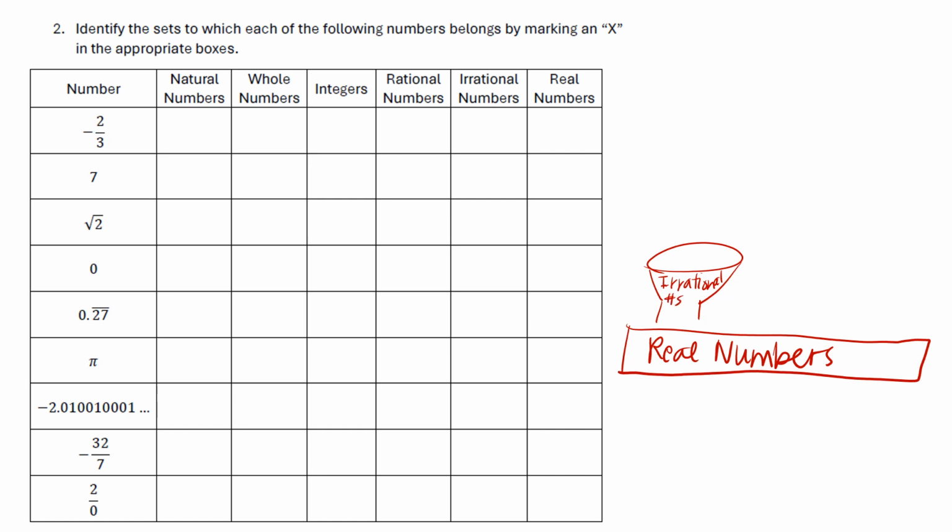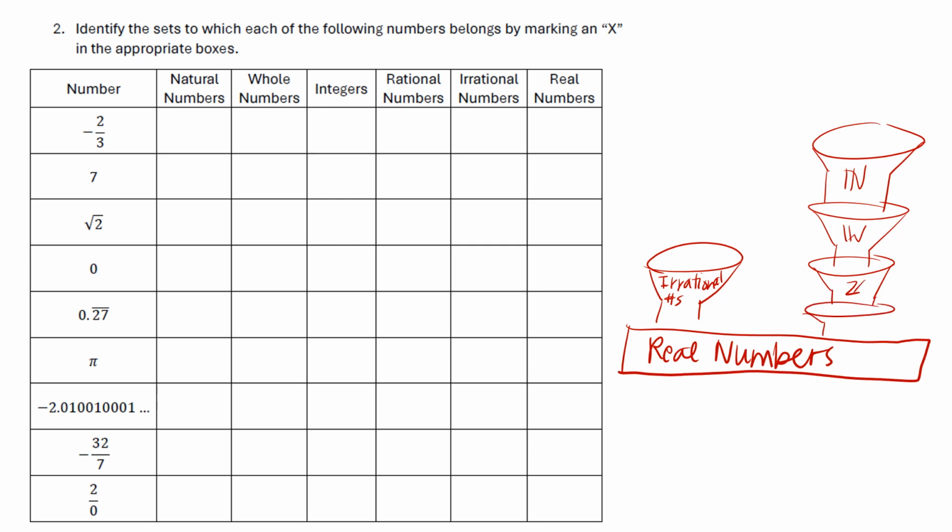And then on the right, at the very top, we've got our natural numbers. I'm just going to write the symbol. Natural numbers funnel into the whole numbers. That funnels into the integers. And that funnels into the rationals. The rationals funnel into the reals.